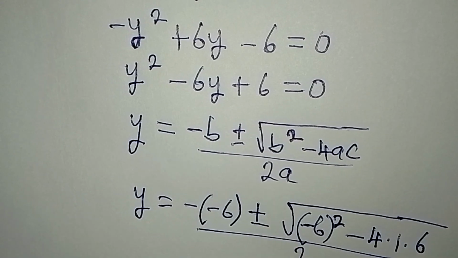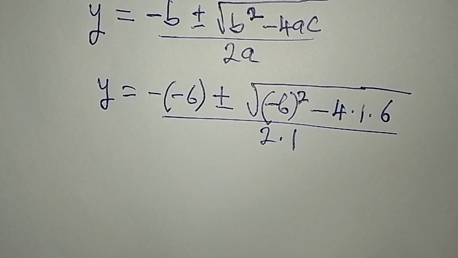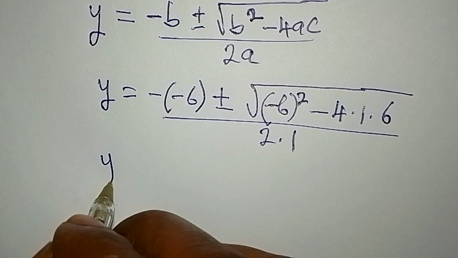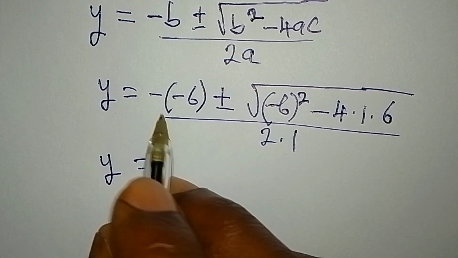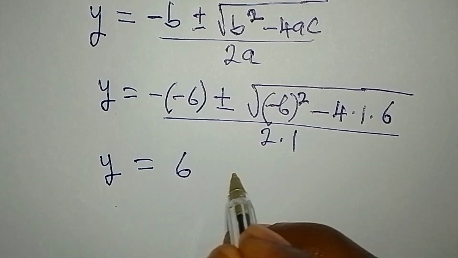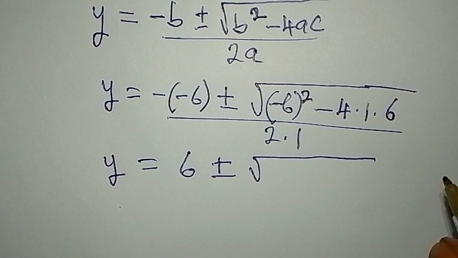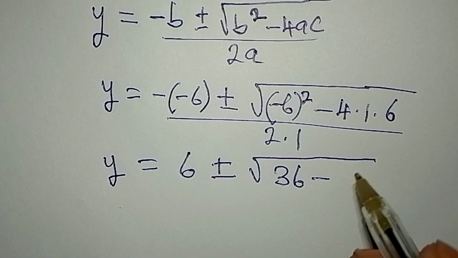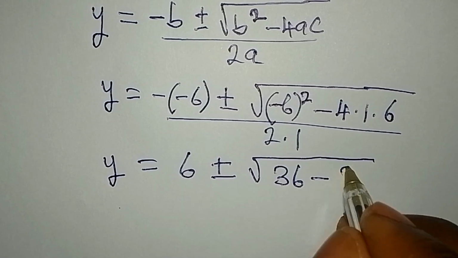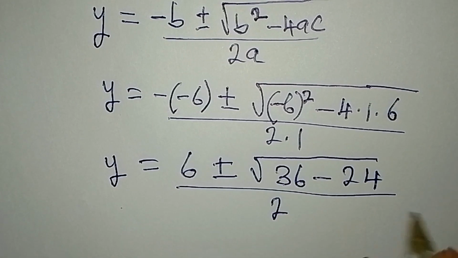This is all over 2 times 1. So y will be equal to positive 6, plus or minus the square root of minus 6 squared, which is 36, minus 4 times 1 times 6, which is 24. Then this is all over 2.